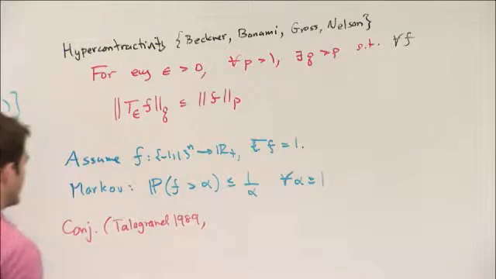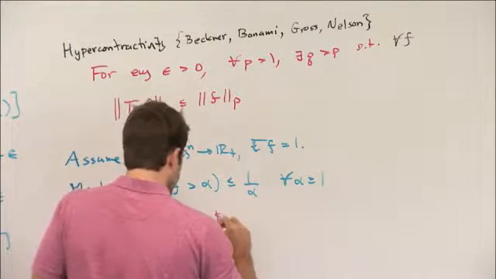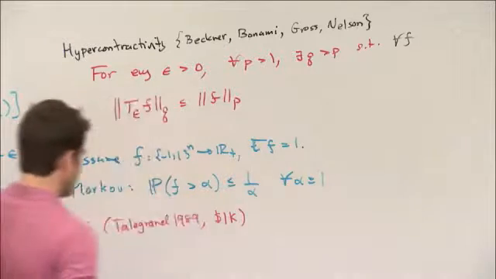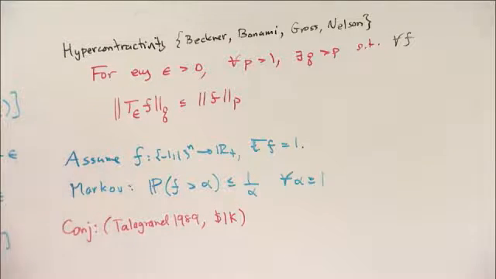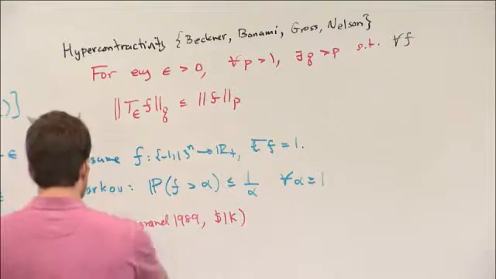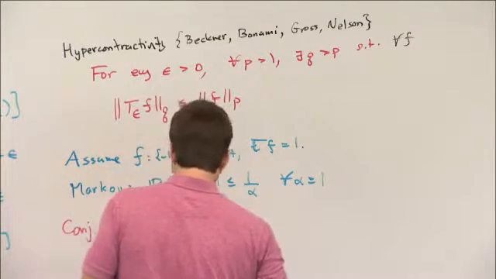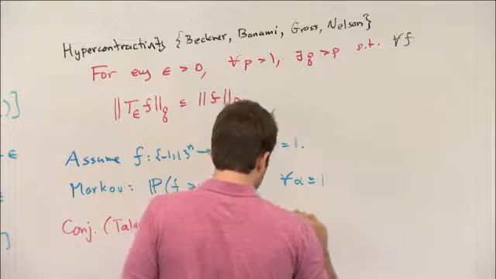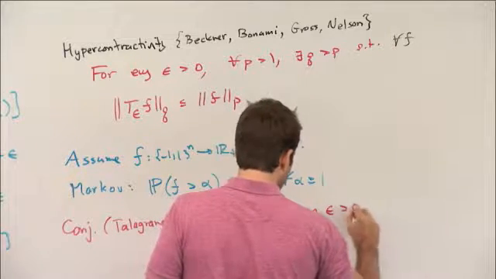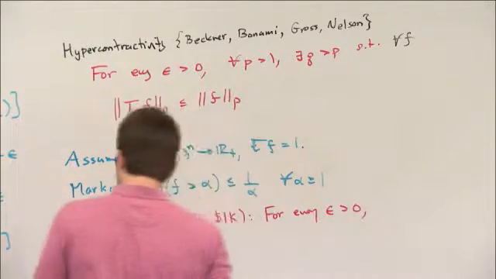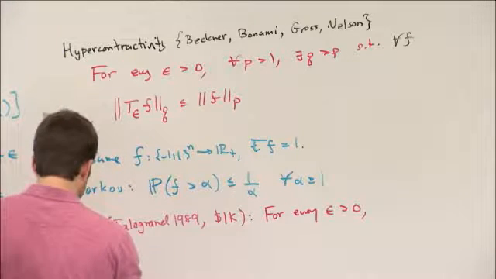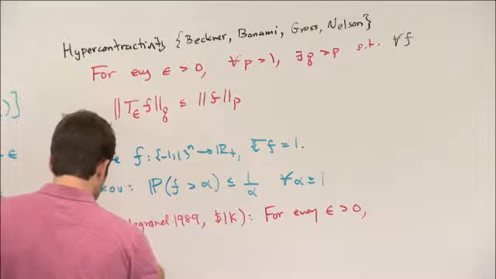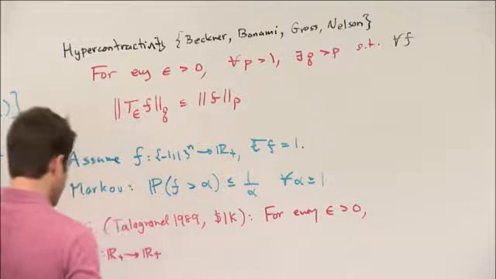I'll start this new trend of putting the prize money in. Okay, so it's worth $1,000 if you can solve it. So the conjecture is the following. For every amount of noise you might want to apply, there exists a function. You'll see where this function comes up in a second.